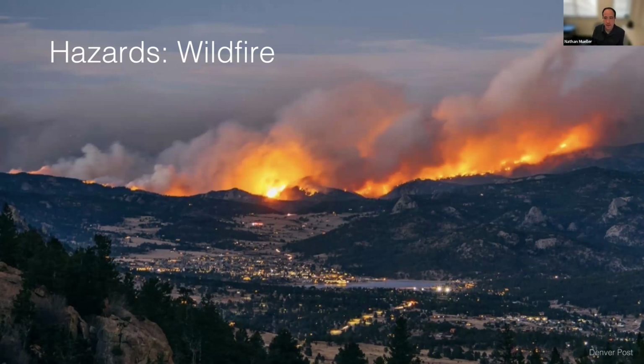This is a picture of Estes Park, just up the road from us in Fort Collins. Maybe you've visited Rocky Mountain National Park. This was back in 2020 when we had the two largest wildfires in Colorado history almost combined and almost burned down the town of Estes Park.